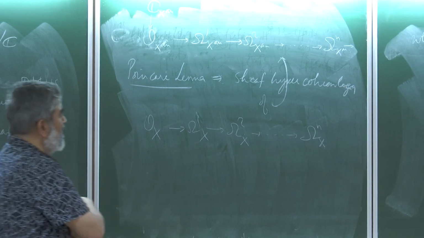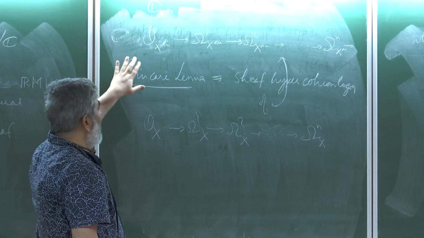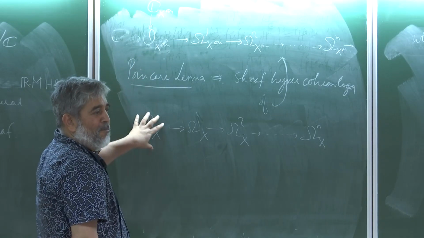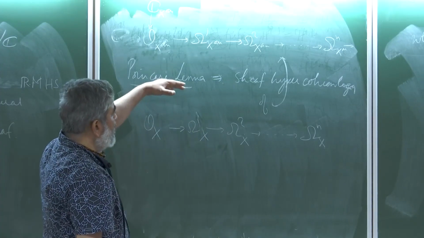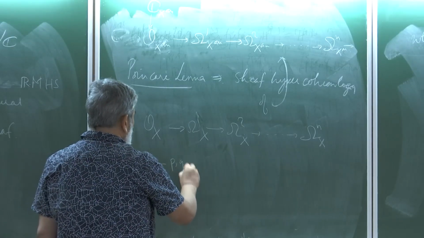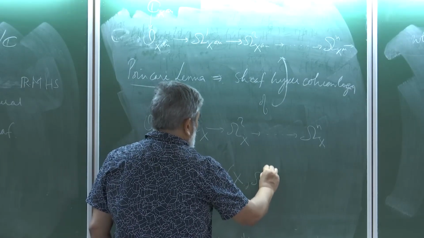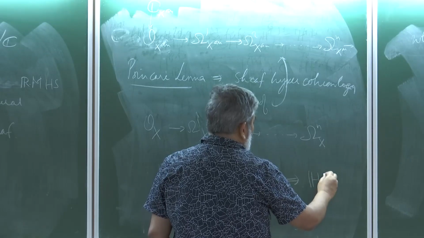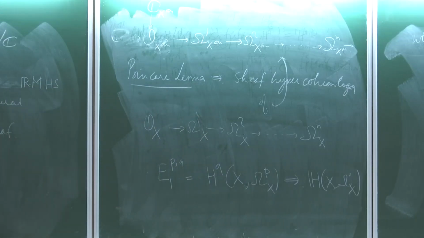As somebody said, if you look at GAGA, in some sense, if you are on a projective variety, then the cohomology of these individual terms is the same whether you take the algebraic one or the analytic one. And what one knows is that for sheaf hypercohomology there is a spectral sequence which goes to the sheaf hypercohomology. I'm using some fancy homological algebra.